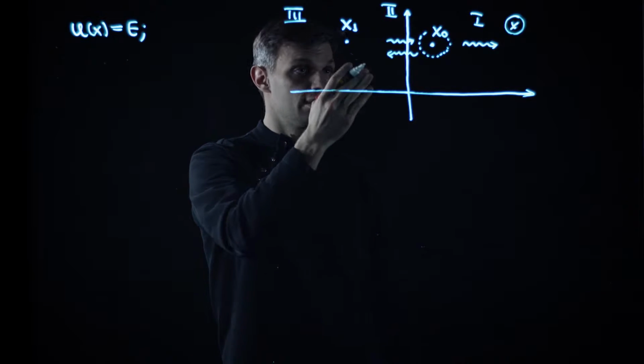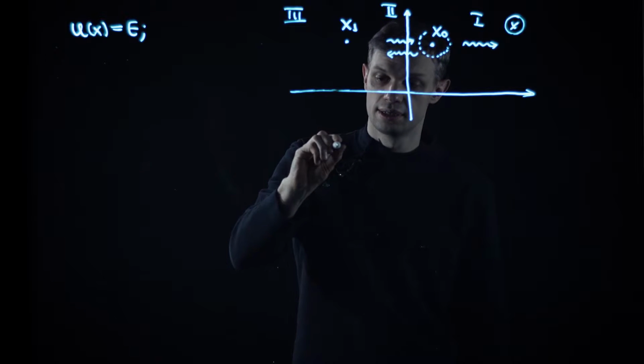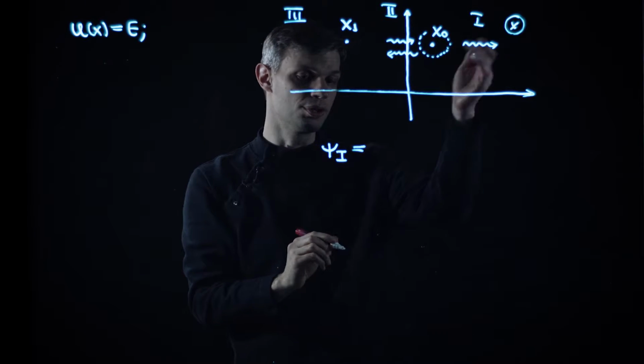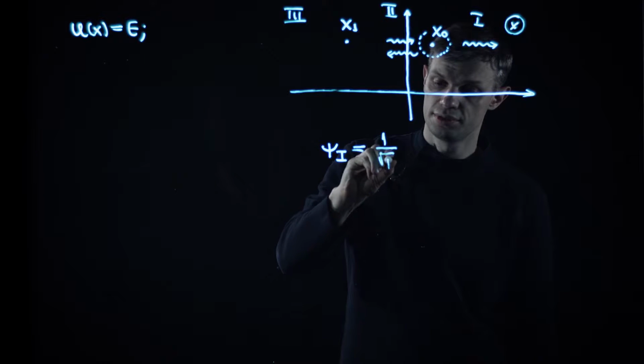And we can write down the corresponding amplitudes, match them with semi-classical ones, and here they are. The amplitude in region 1 is as follows.